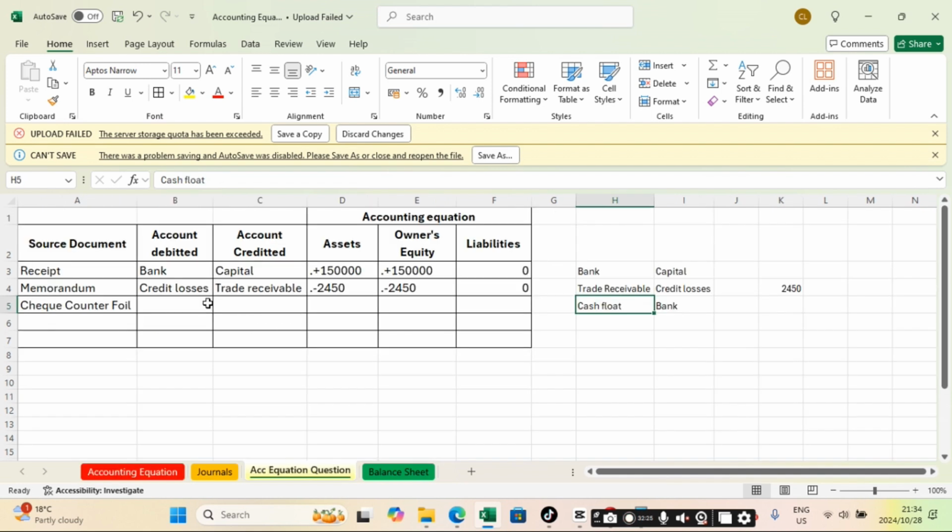So here our cash float will be debited, and the bank will be credited. Our cash float will increase by 500.